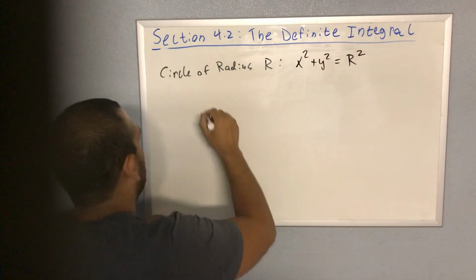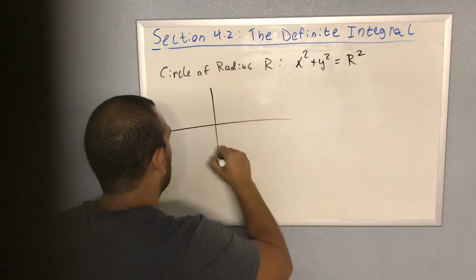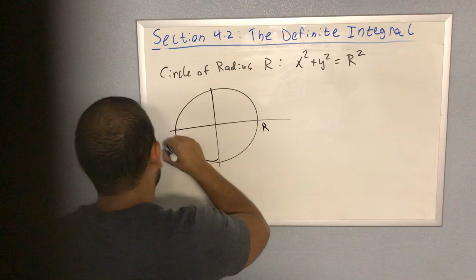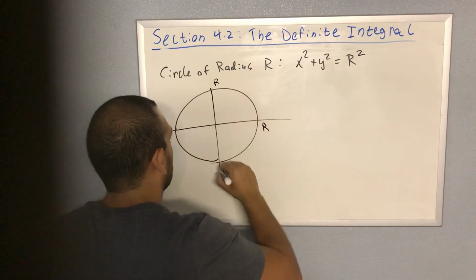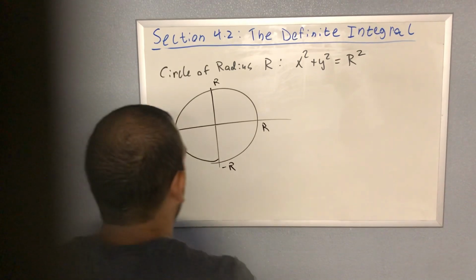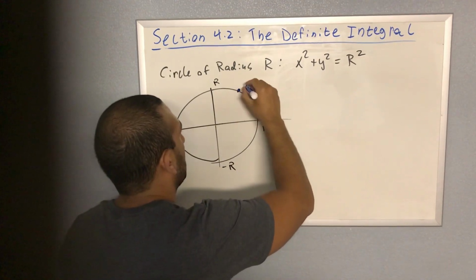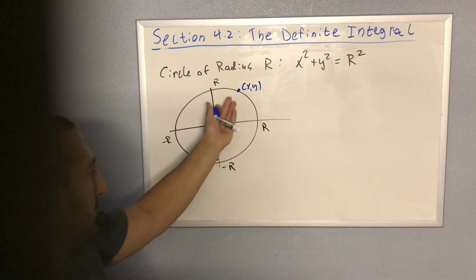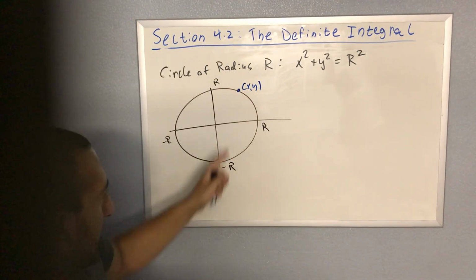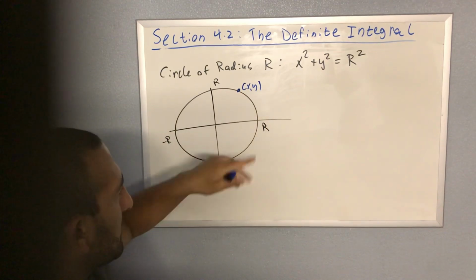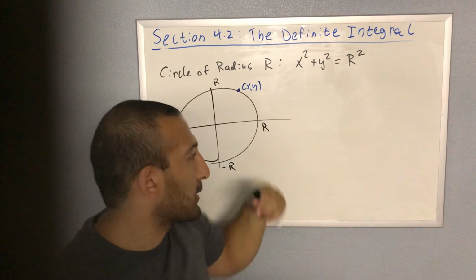And what does that mean? That means that the circle has radius r, so that's r, and that's negative r, that's r, that's negative r. And I take some random point. This is just some point x comma y in the coordinate plane. It's just some arbitrary point x, y. If I square this number and I square this number and I add them together, that should always give me the square of the radius.